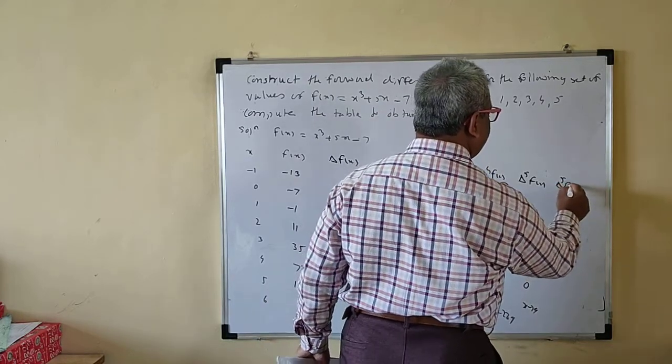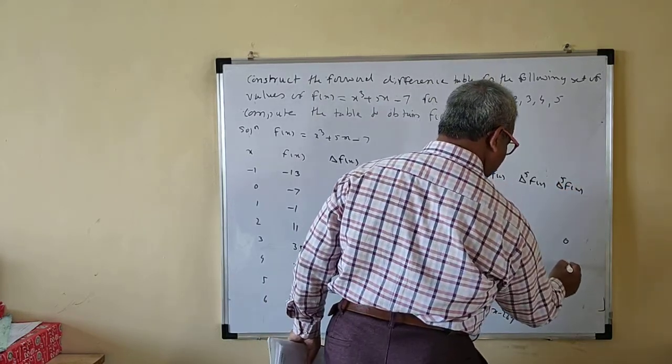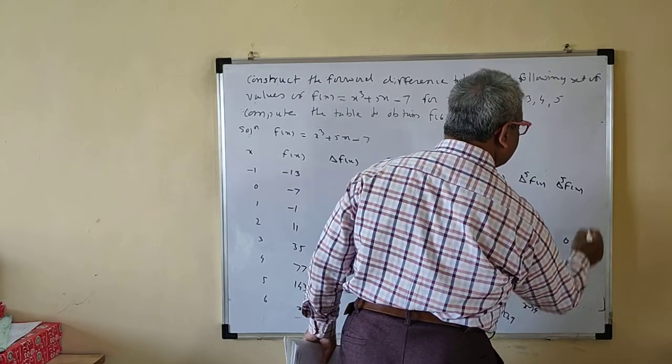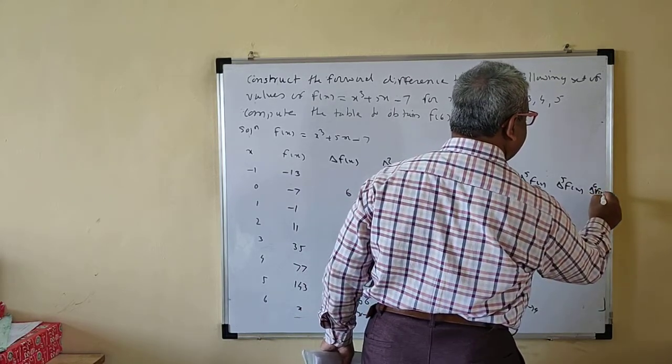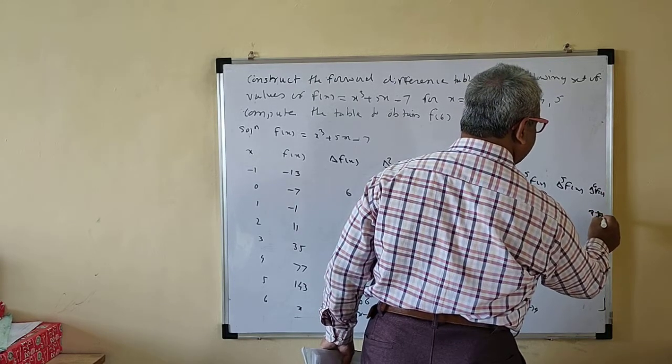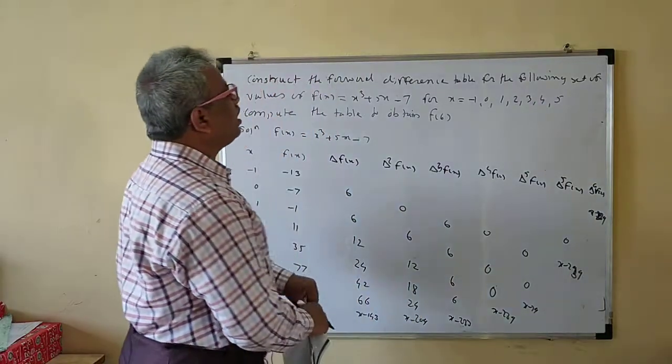Del to the power 5 f of x is 0, x minus 239. And then del to the power 6 f of x is equal to x minus 239. Okay, so how many values are there?